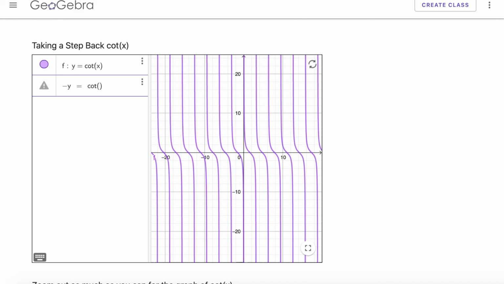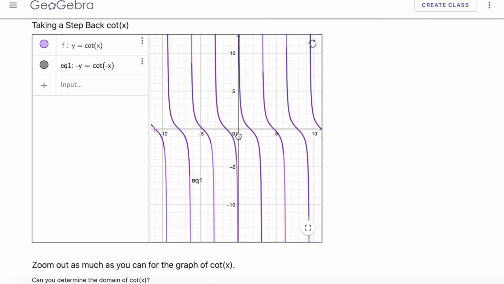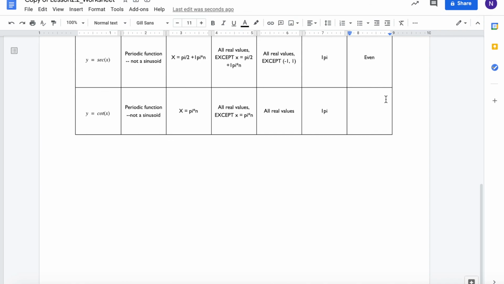Then I should end up with a graph that is exactly like the one I have right here, so I shouldn't see any other graphs. And yeah, it looks like I do. Because they overlap each other, we can determine that this is an odd function.